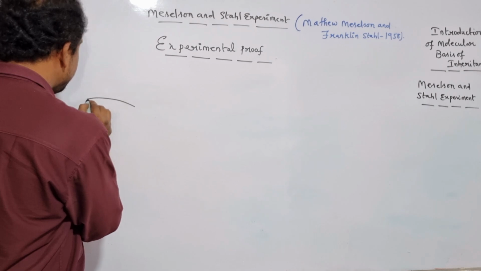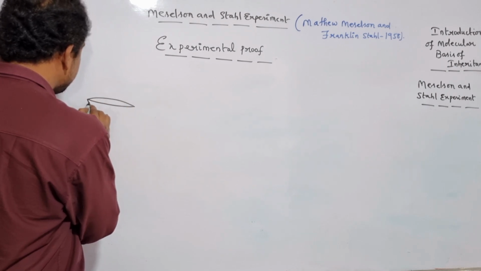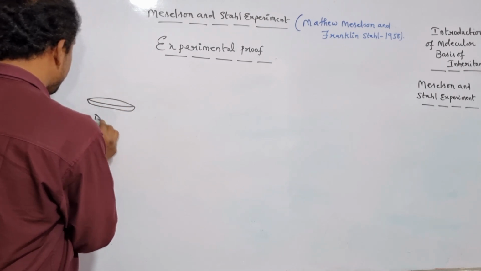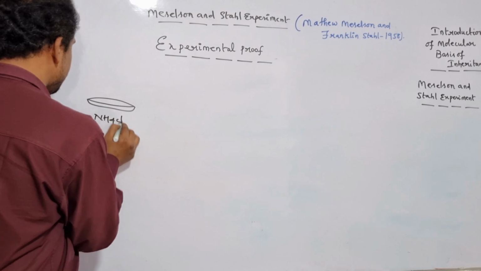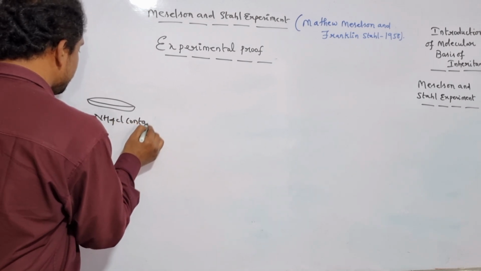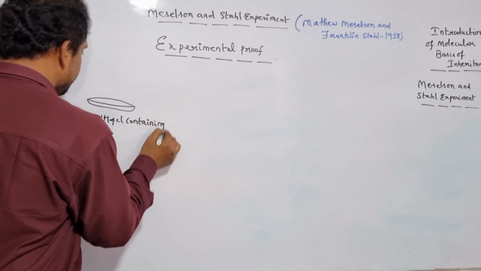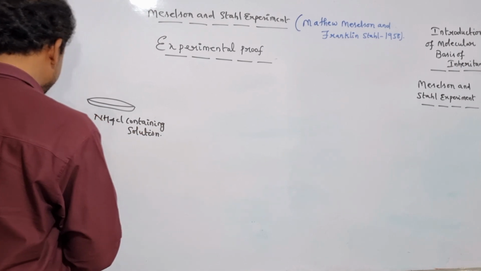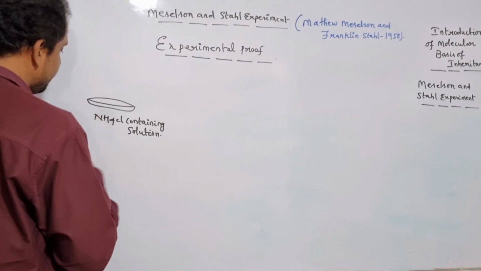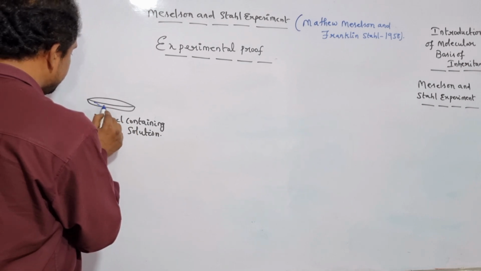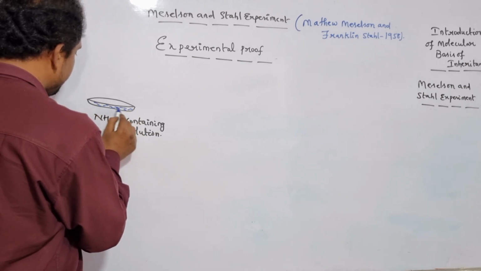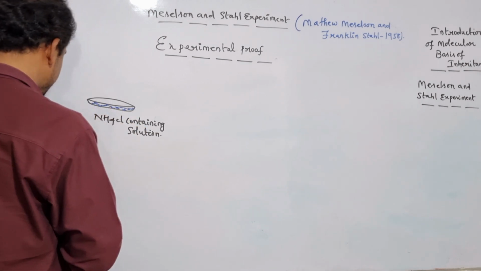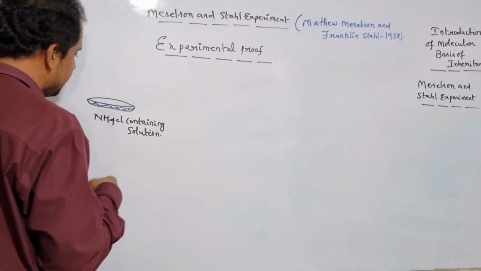Let us assume it as an ammonium chloride solution, an ammonium chloride containing solution. And here it is nothing but ammonium chloride. And here all these were the E. coli.